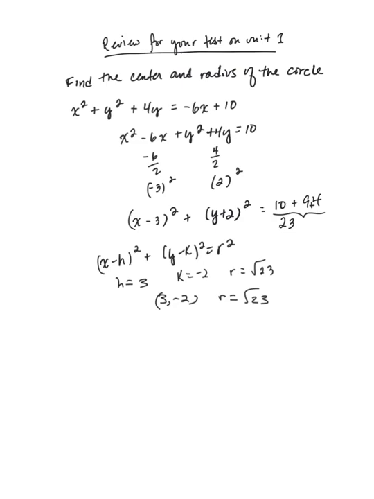Now, let's say they gave you a problem that seems simpler, but some kids will have more trouble with it. x squared plus y squared minus 8y equals 16. So here, you only have to take half of -8 and square it.